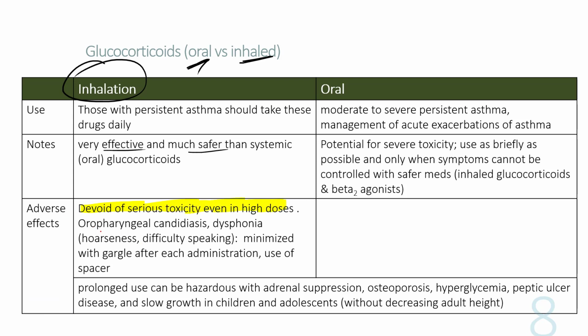So you can see here a couple of adverse effects of inhaled glucocorticoids: fungal infection of the mouth and throat, and dysphonia, so hoarseness or difficulty speaking. But again, that can be minimized with either gargling after each administration of the inhaled glucocorticoids or using spacers to decrease the amount of glucocorticoid that is in the mouth and throat, right?